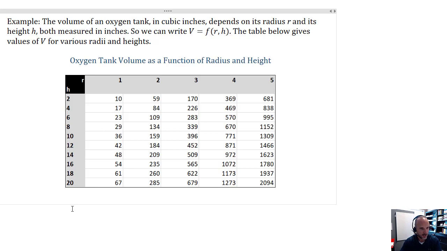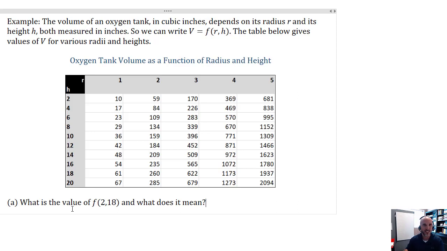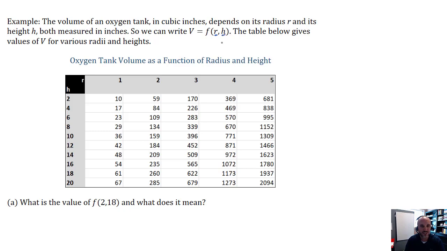Okay, so let's answer a question here about this function of 2 variables. What is the value of, let's say, f of 2 comma 18, and what does it mean? So we know that f takes r as its first coordinate input and h as its second coordinate of the ordered pair input.